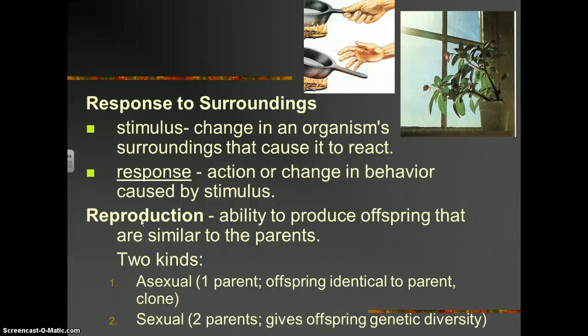So you don't have to write all about the stimulus and the response because that was information you have probably already written in your vocabulary. You might just write that that's involved in response to surroundings, but for asexual reproduction, we're making clones to reproduce. Okay?